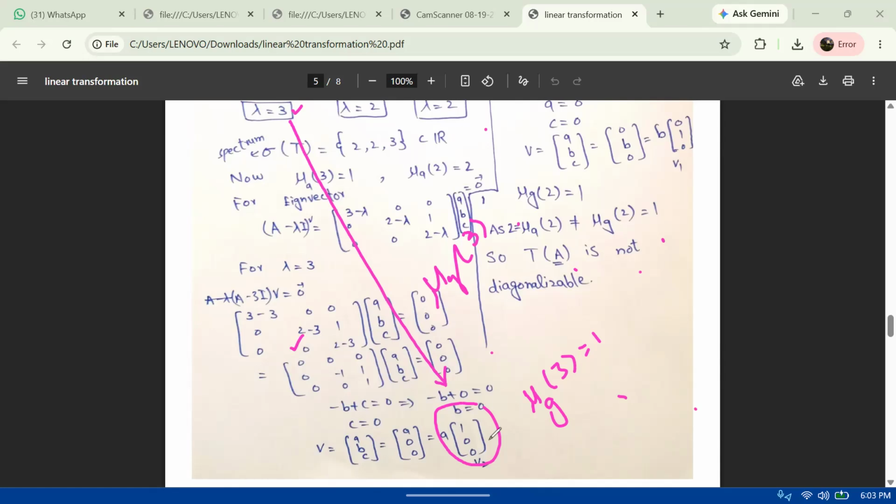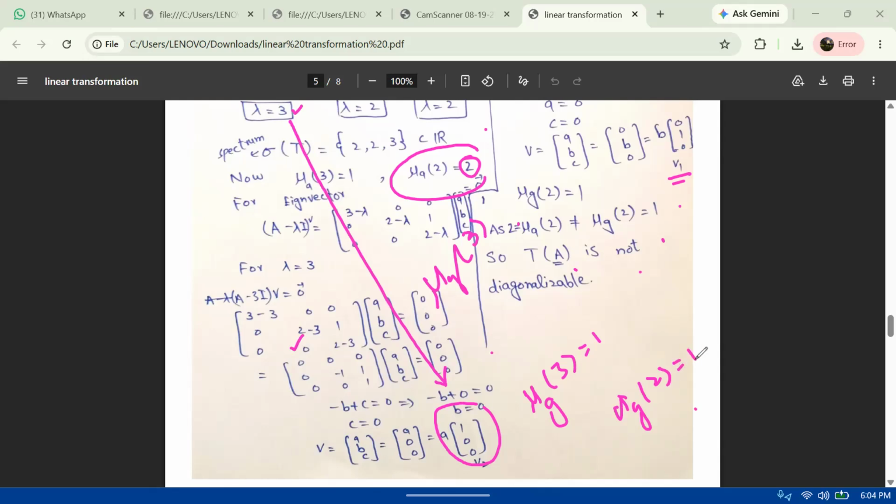In the same way, for lambda equal to 2, you got one eigenvector, which is v2. So the geometric multiplicity of 2 is 1.